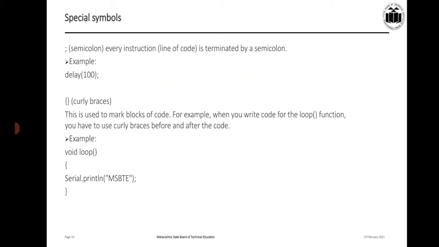For example, when you write code for the loop function, you have to use curly braces before and after the code. For example, Serial.println("MSBTE"); this statement is written in between the open and close curly braces.